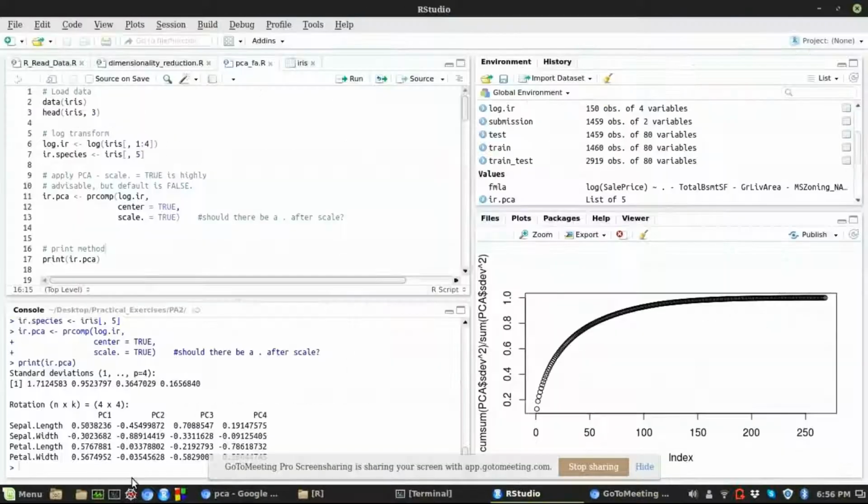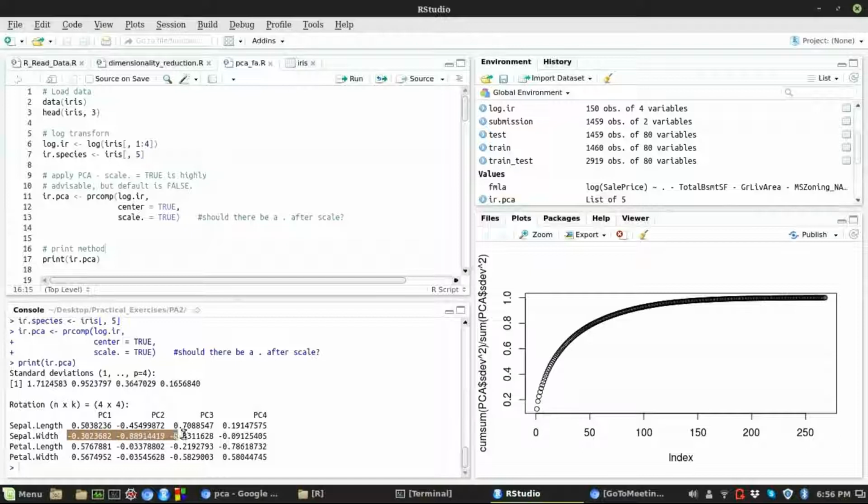Yeah, the one which has basically the maximum absolute value. Remember, the negative values don't matter. We are really interested in the absolute value. So petal length has the most impact in PC1, and petal width has the next most, then sepal length and then sepal width. What matters is the absolute value.